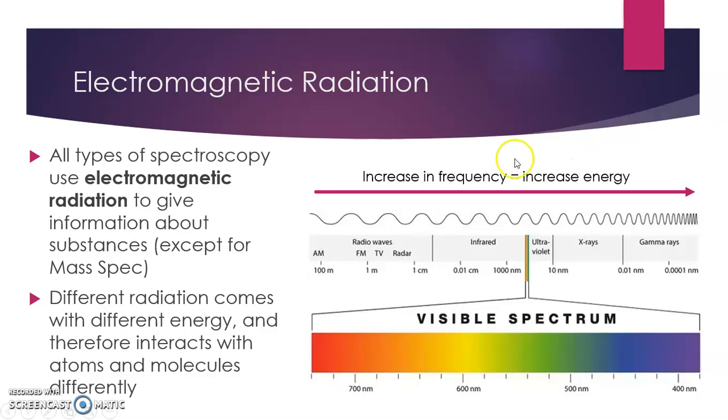The wavelength becomes shorter and shorter towards the right, which means the energy of the waves becomes higher and higher. So different radiations come with different energy. Therefore, when they go through a particular substance, they will interact with it differently.